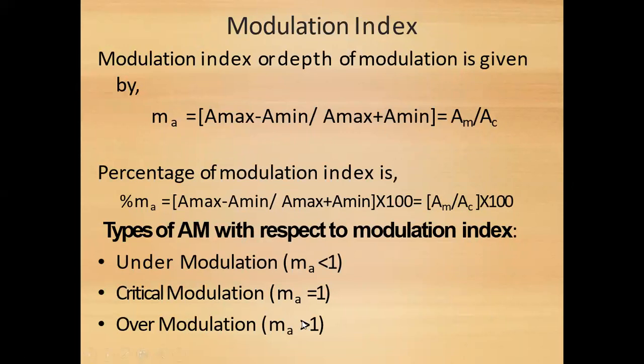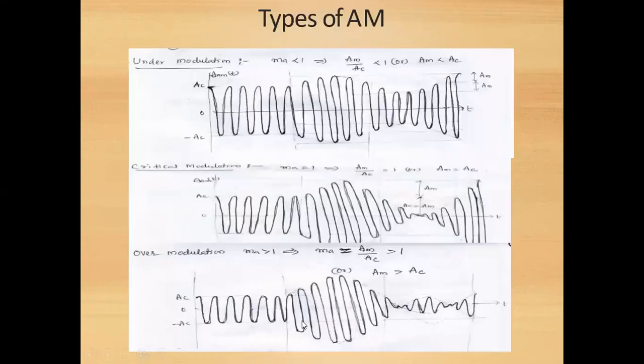If ma is greater than 1, it is known as over modulation. The graphs we are showing in this slide are under modulation, critical modulation, and over modulation. We can observe this practically while doing our amplitude modulation experiment using our generation circuit, which we will discuss in our next sessions.